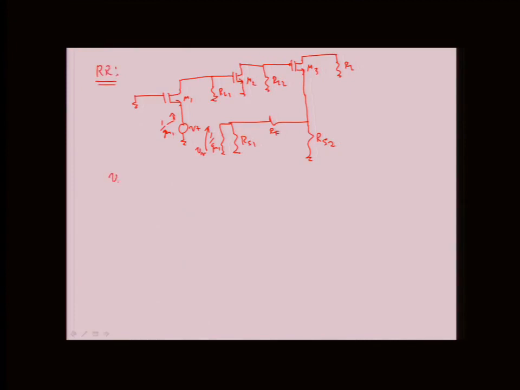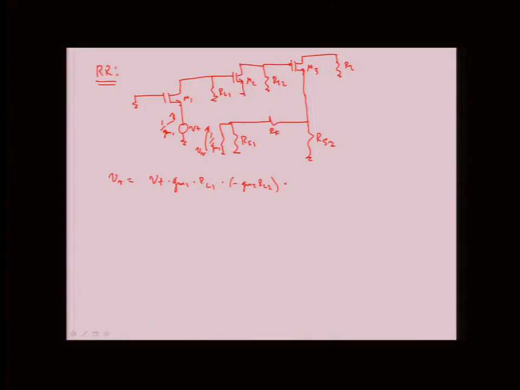Okay, so our VR is equal to VT times GM1, which is the first stage, times RL1, then minus GM2 RL2.